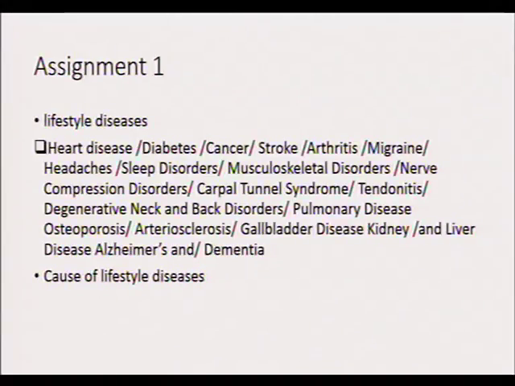Many times when you prepare an assignment, it will be very helpful if you can also talk to somebody that's suffering from one of these diseases and ask him, where did it all start? What was your lifestyle before you discovered that you have these diseases within your body?